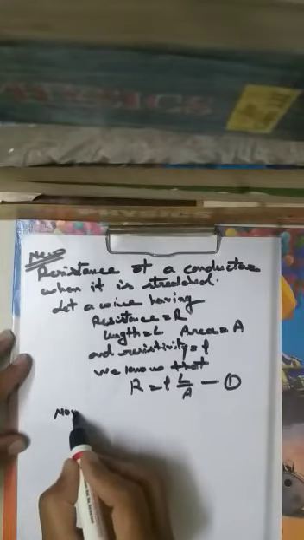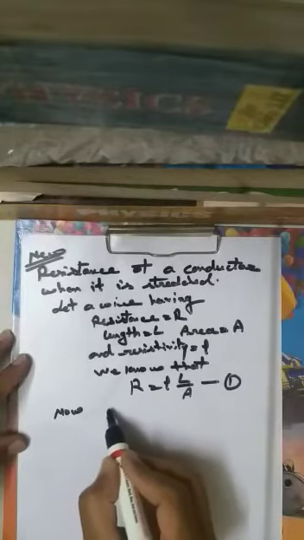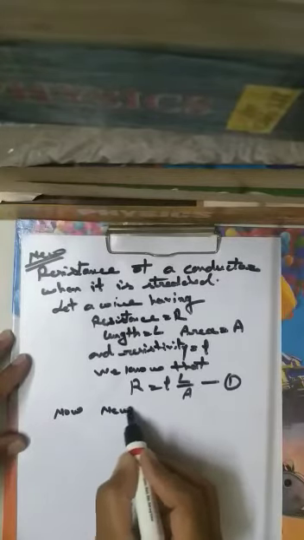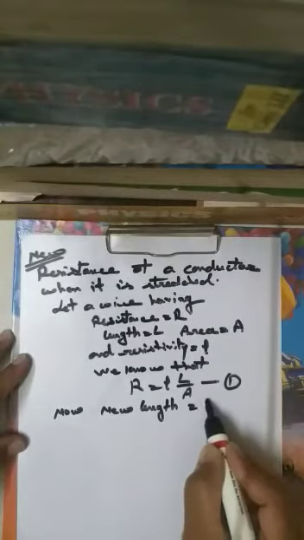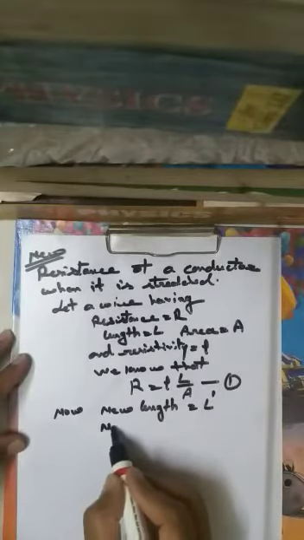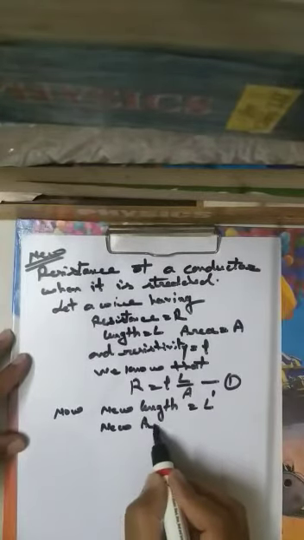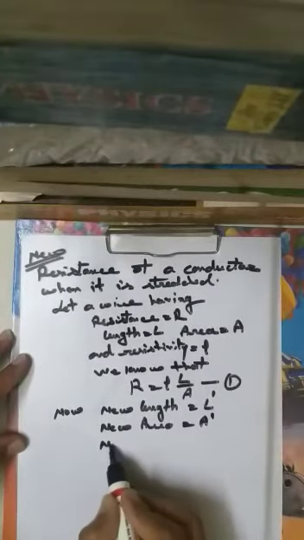Now let the new length be L dash, new area A dash, and new resistance R dash.